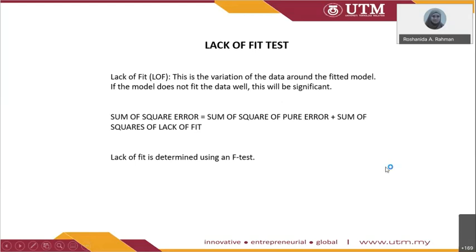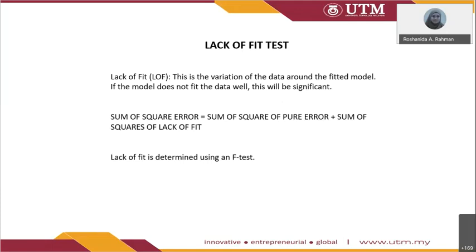The p-value decides whether it is significant or not. Only for lack of fit, we want it to be insignificant. We want the p-value to be more than 0.05 for a 95% confidence level, because we want the value to be insignificant. This is the only one we want to be insignificant.